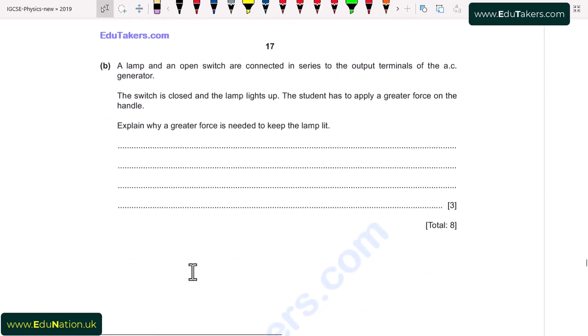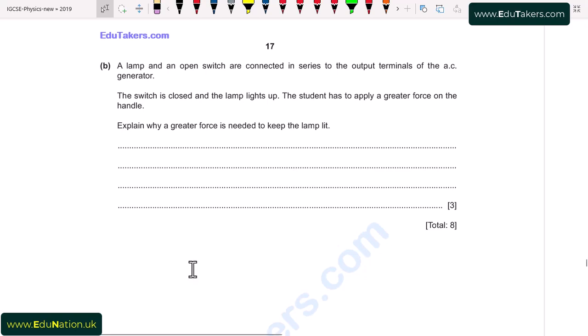Part B. A lamp and an open switch are connected in series to the output terminal of the AC generator. The switch is closed and the lamp lights up. The student has to apply a greater force on the handle. Explain why a greater force is needed to keep the lamp lit. So here we can see that the lamp and an open switch are connected to the output terminals of the AC generator.